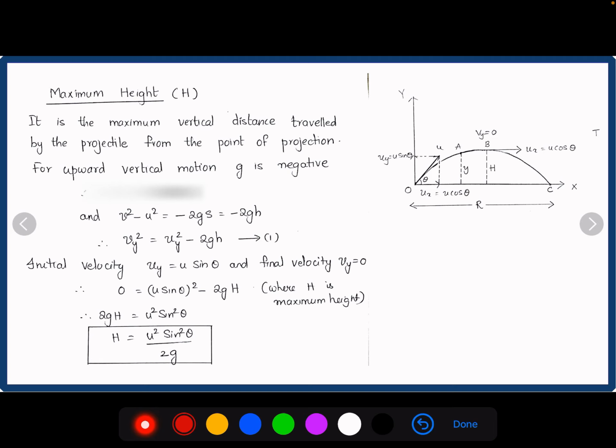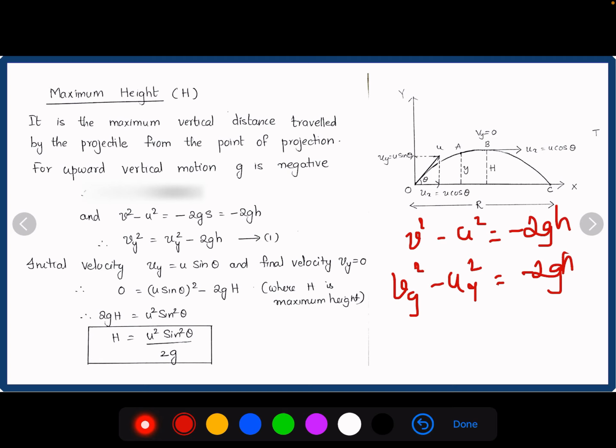For upward motion, g is negative. I told you already. For upward motion we can take the equation v square minus u square is equal to minus 2gh. Let us take vertical motion: vy square minus uy square is equal to minus 2gh.